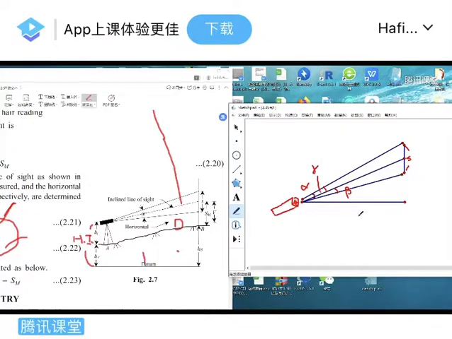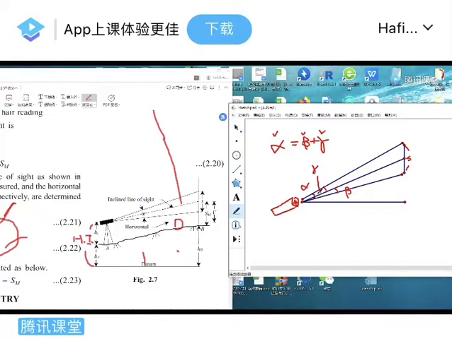Based on this information, we know alpha equals beta plus gamma. No question, because that's the way it is. If the full angle is alpha and this angle is beta, all these are known, based on your theodolite.